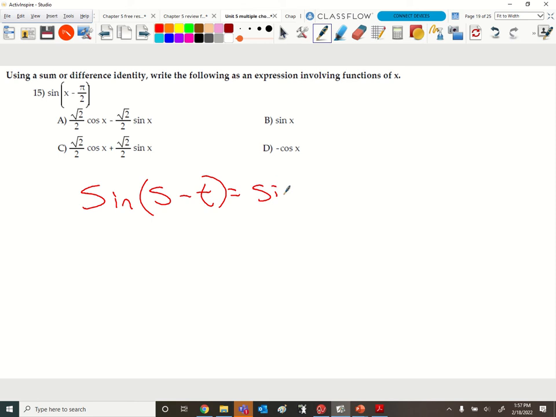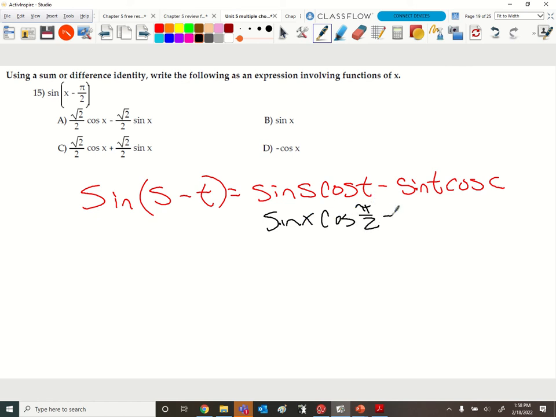That's going to be sine of s cosine of t minus sine of t cosine of s. Now, in this case, my s is x, so this is sine of x cosine of pi over 2 minus sine of pi over 2 cosine of x.